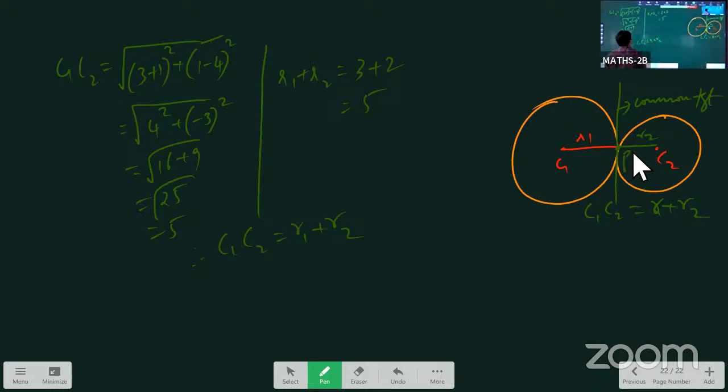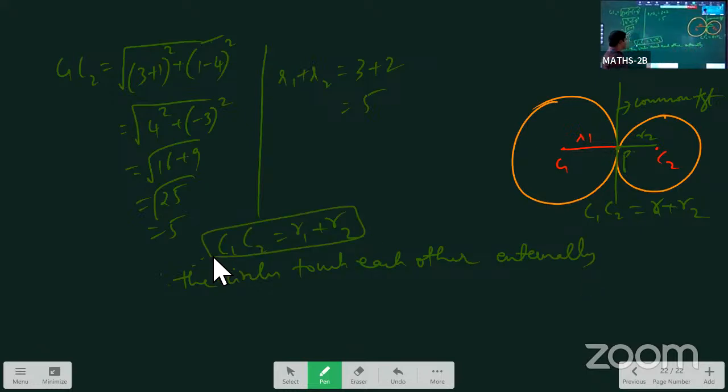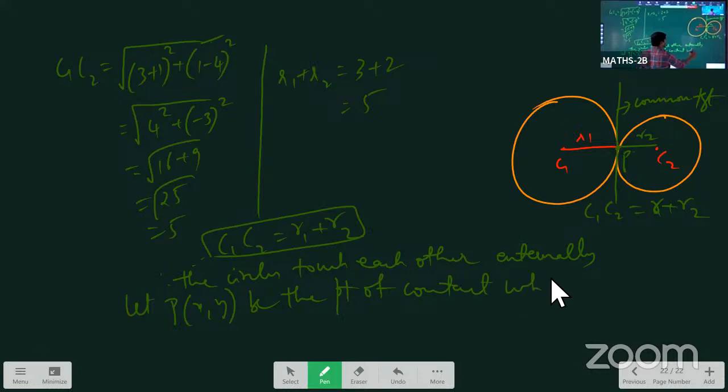Okay. So therefore, after getting C1C2 equal to R1 plus R2, the circles touch each other externally. Because this condition is satisfied, it means the circles touch each other externally. Now let P(x, y) be the point of contact which divides C1C2 internally, correct?